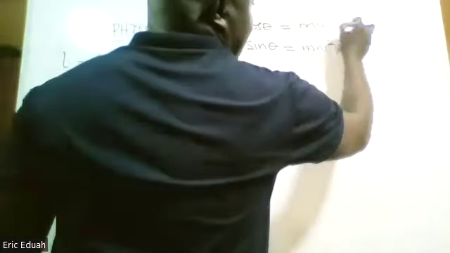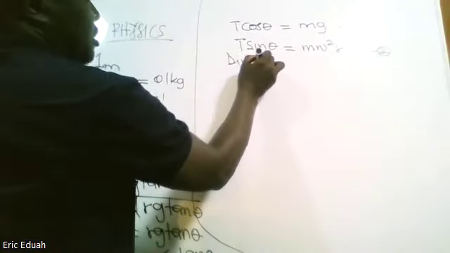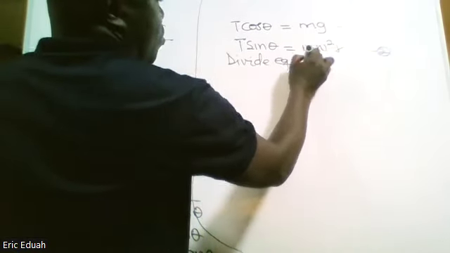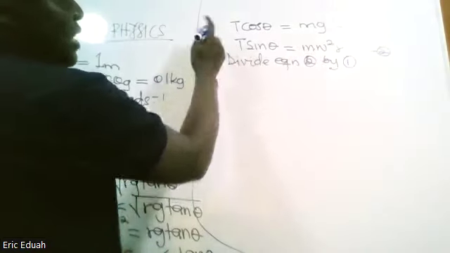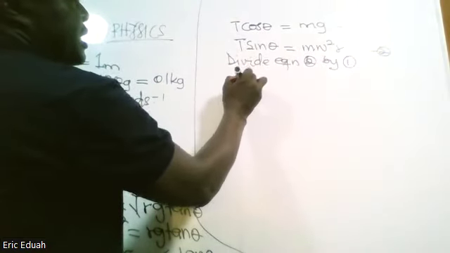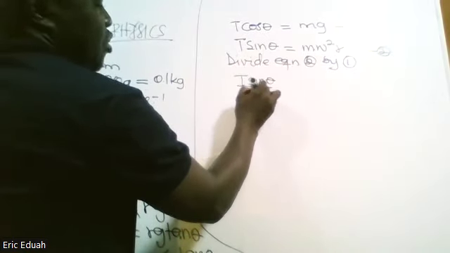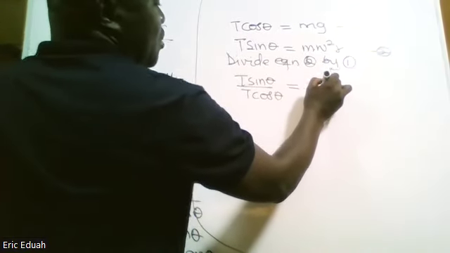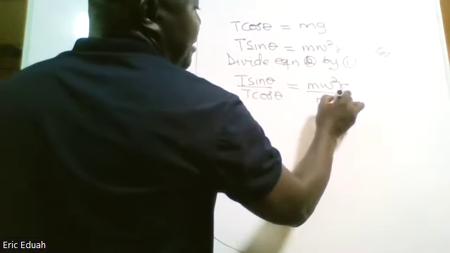So if I divide equation 2 by equation 1, on the left hand side I have T sine theta over T cos theta, which is equal to m omega squared r over mg.